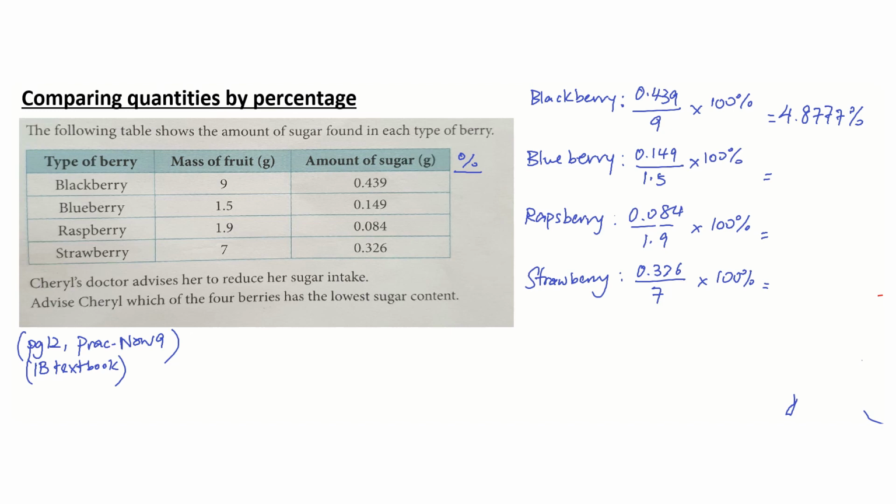For blueberry, the percentage of sugar we are looking at is 9.9333%. Whereas for the raspberry, in 5 significant figures, we are looking at 4.4210. And for strawberry, we are looking at 4.6571.